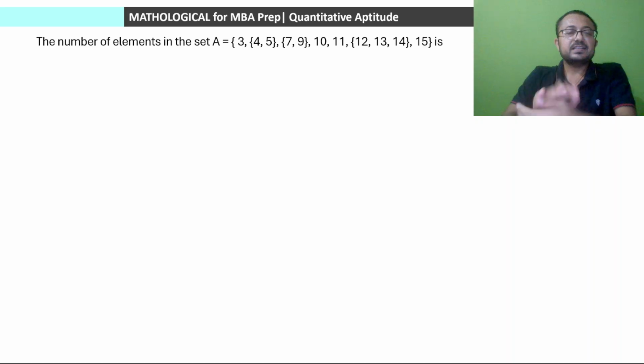The first question is: the set A is equal to {3, {4, 5}, {7, 9}, 10, 11, 12, 13, 14, 15}. So how many elements are there in the set A?